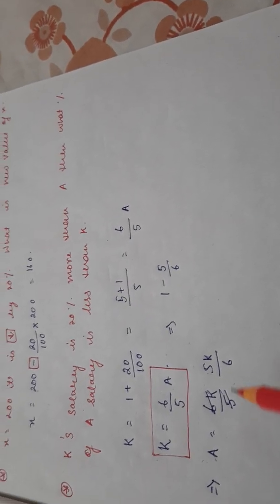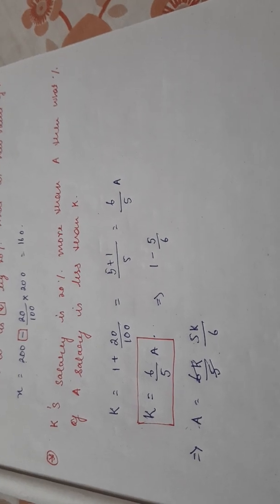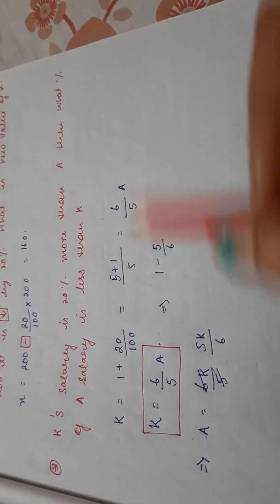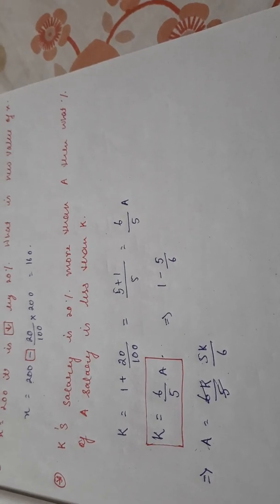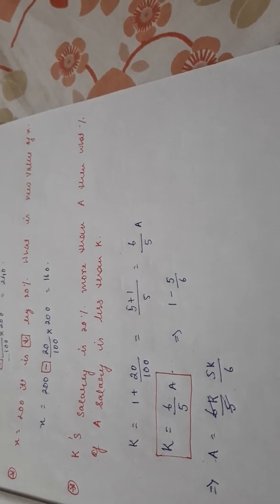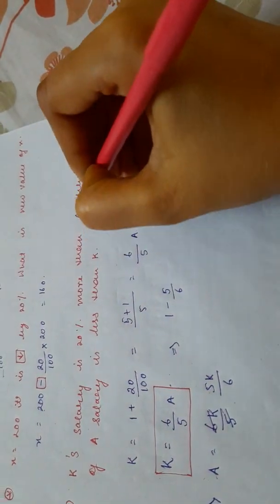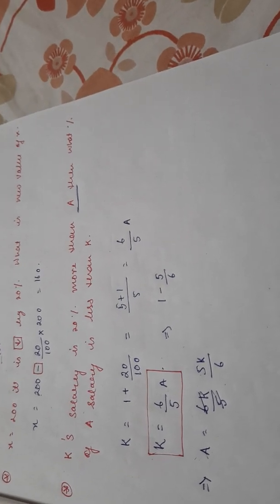A is equal to 5K by 6. We wrote in terms of K, because earlier we got the equation in terms of A. Now we are just writing in terms of K, because we need to find what percentage of A's salary is less than K. So we wrote in terms of K.